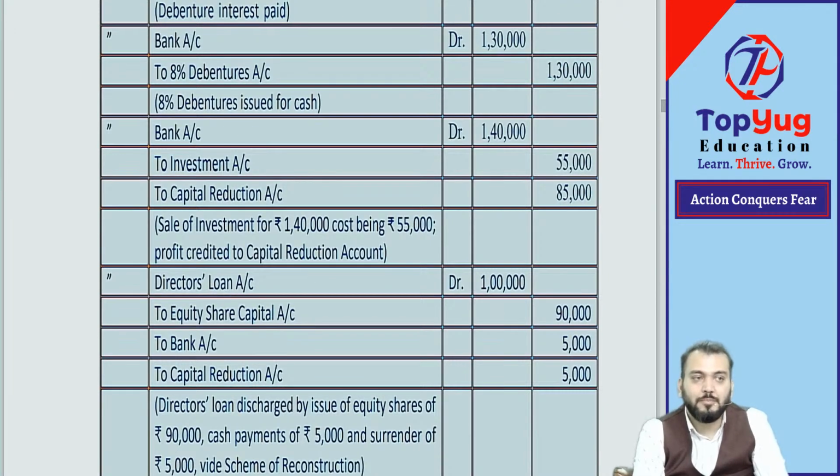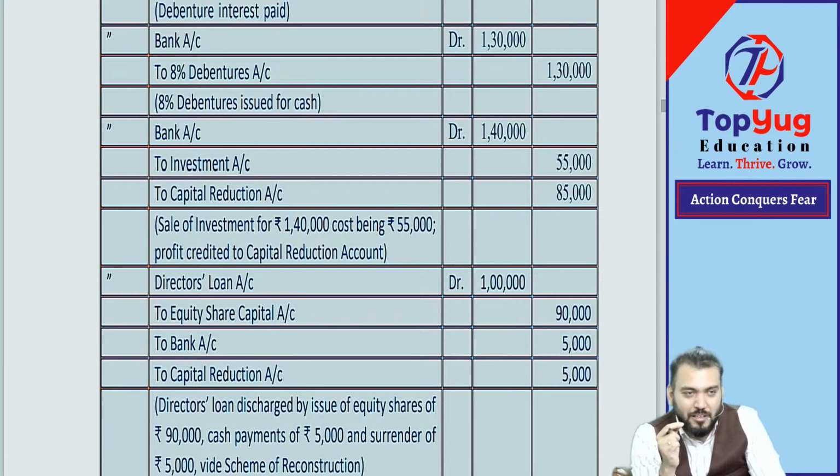Zero. 100% correct. If it is coming zero, you are doing 100% correct. Because I have already said, either there will be a surplus or it will be zero. There is no need to recheck also. So in this question it is coming zero, so no additional journal entry.